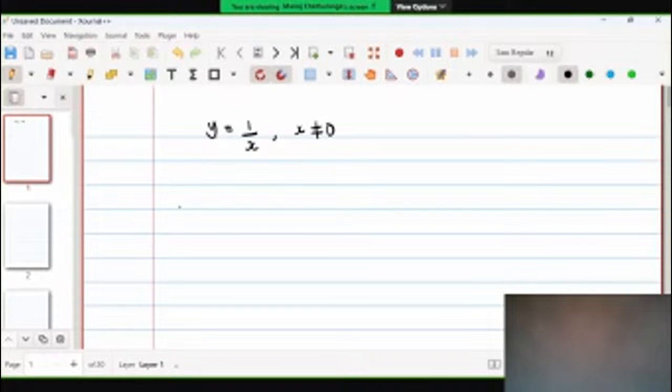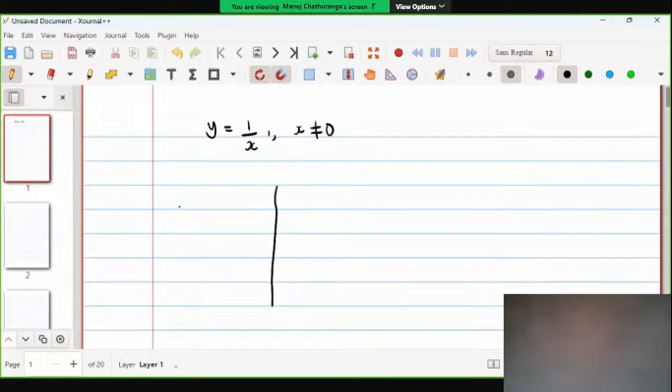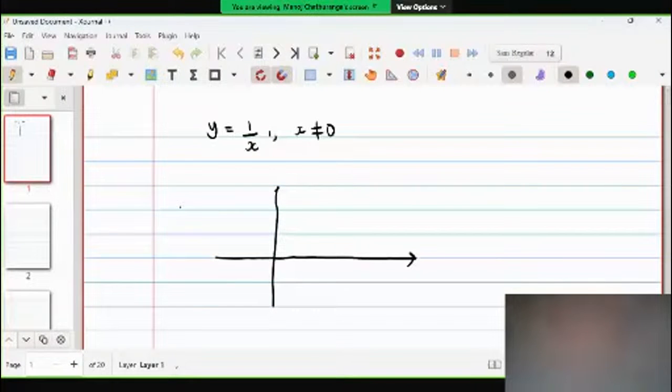When we draw the graph of this function, the graph looks like this, right?